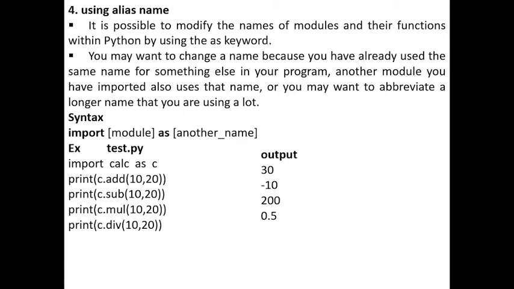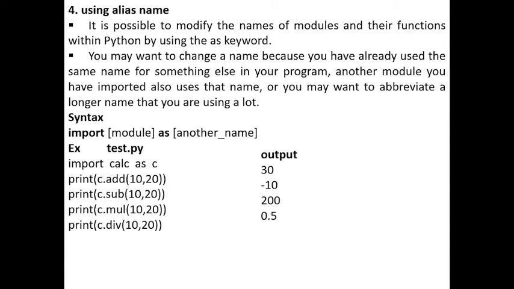You may want to change a name because you already use the same name for something else in your program, or another module you have to import has the same name, which causes a problem. You can also use it to abbreviate a long name to a short one, and you can call it an alias name. So the syntax is import module as another_name.